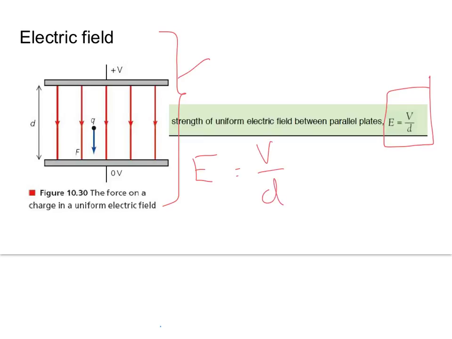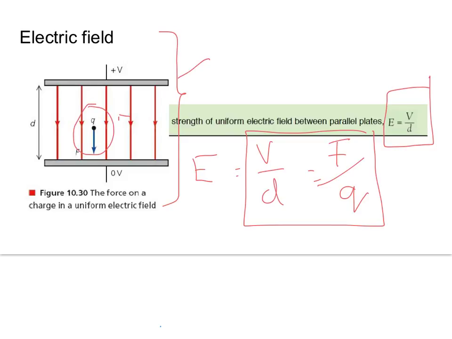There was V over D, but it's also the force per unit charge, the definition of electric field strength. So it's very common to have to use these two formulas in conjunction. For a charge in the field, the force acting per unit charge would be equal to the voltage across the plates divided by the distance.